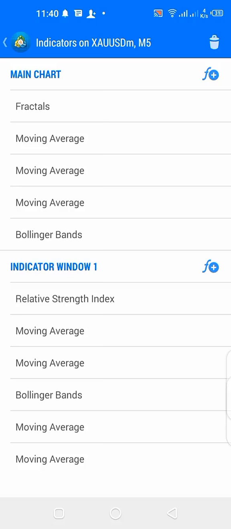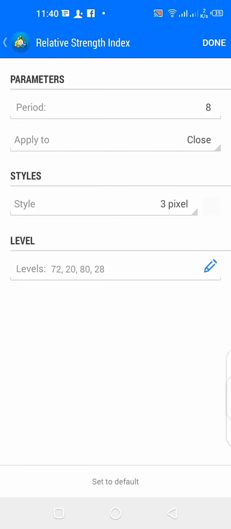These are the parameters for the indicators on the screen, but the indicators on the screen will only guide you to know the direction price may go, but you don't really need it for the Grail Hedge strategy. For the RSI, the period is 8, apply to close, no color.